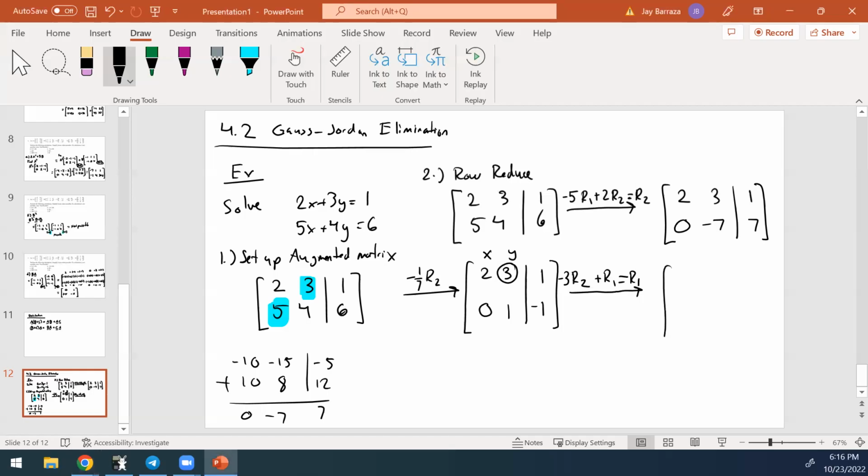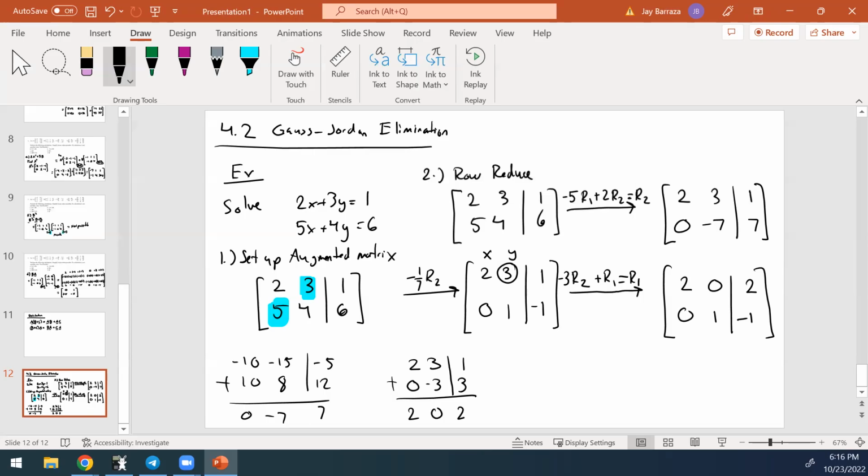So the second row, I'm not doing anything to that anymore. But now I'm going to do 0 plus 2 is 2, -3 plus 3 is 0. I'll show the work off to the side. So it's 2, 3, 1, 0, -3, and +3. And so this is going to be 2, because when I add these together, I get 2, 0, 2.